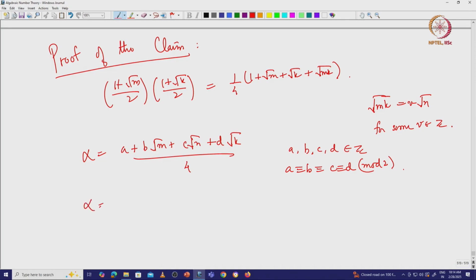I want to write my alpha as a plus b square root of m plus c square root of n minus d square root of m minus d square root of n by 4, and then since I have subtracted this, I should also add these somewhere.